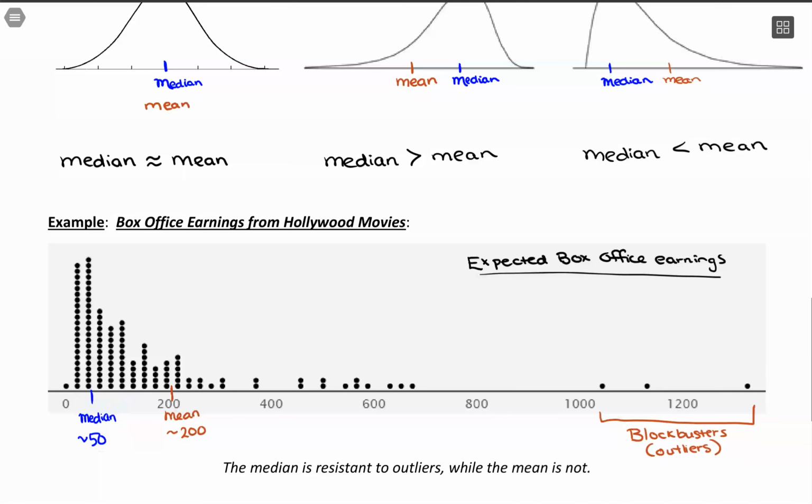Like I showed above, changing those outliers at the end didn't change the median; they get covered up the same way as any other numbers would. So in this case, our median would be the best measurement for expected value. Talking about a random film coming out that year and what we could expect to happen, we would say about 50, because that would ignore these extreme values that just don't line up with the other films.